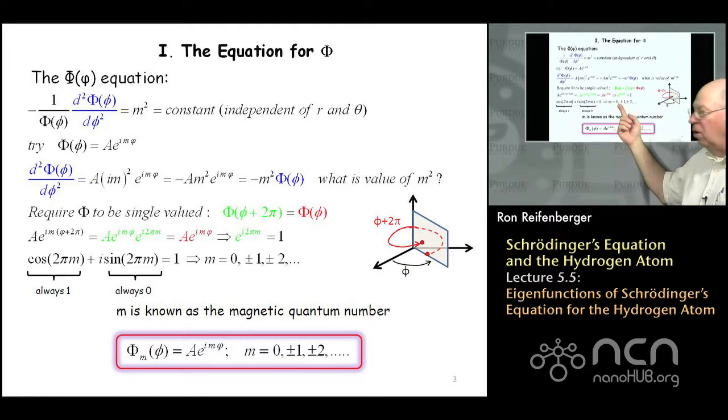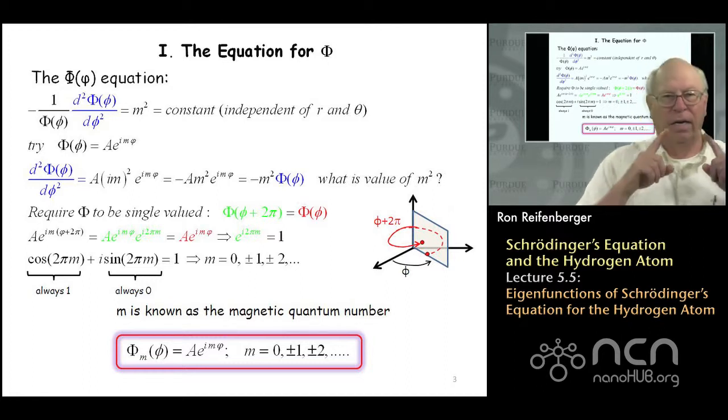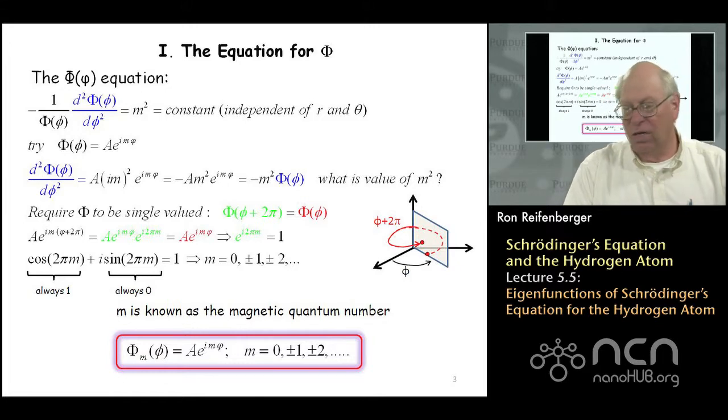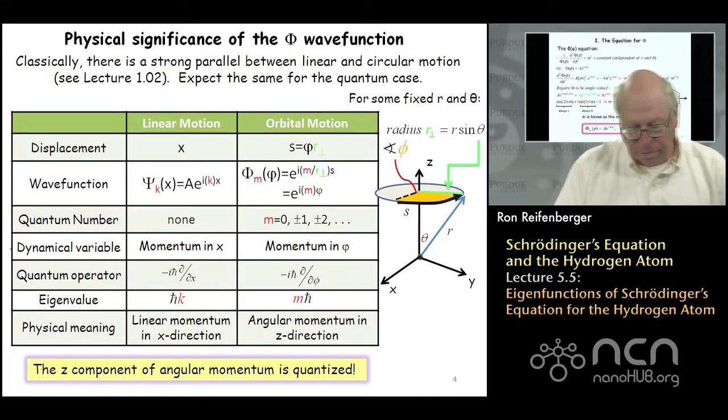So small m can be equal to either 0, plus minus 1, plus minus 2, and that allows us then to write down the solutions to the phi part of the wave equation, where we fixed this quantum number small m by this single valued criterion.